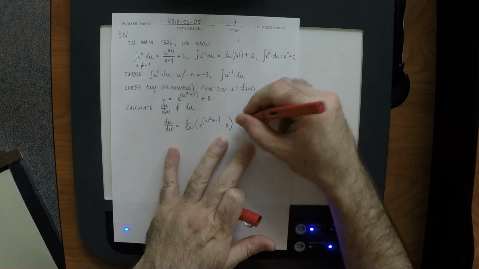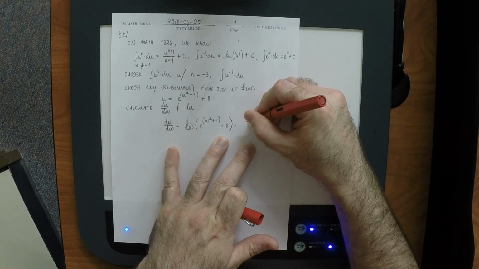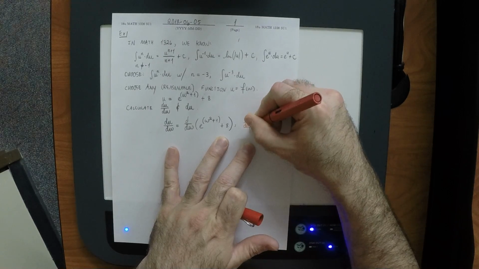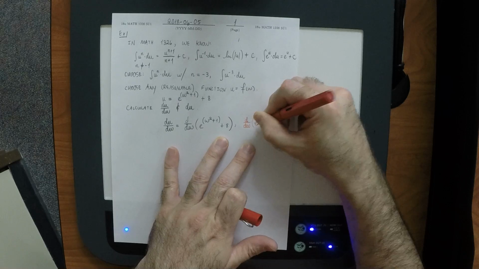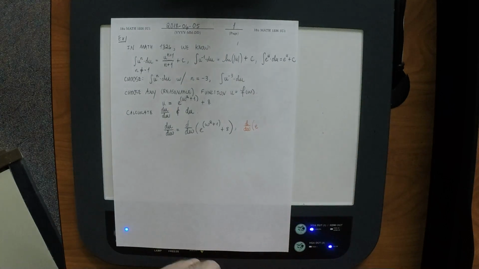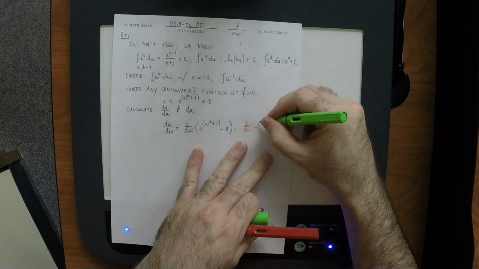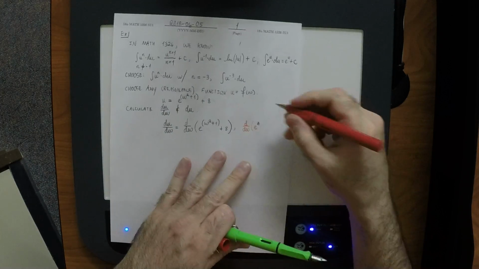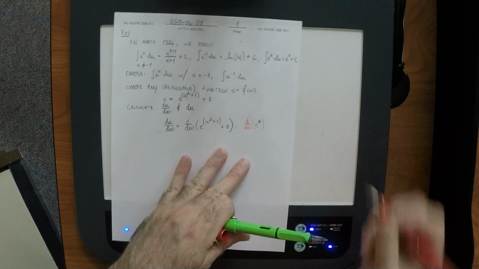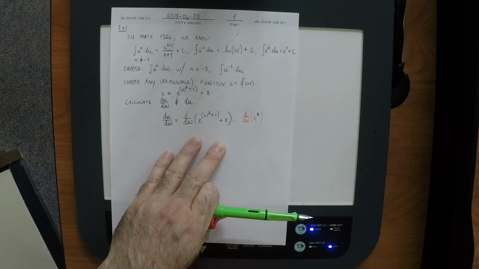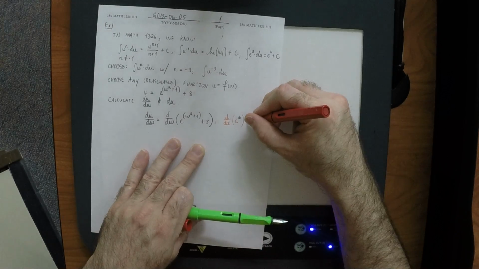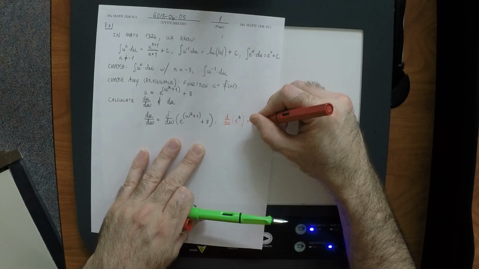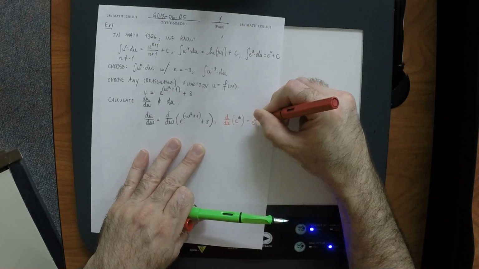So just to remind us, we're doing something that's going to look like d/dw of exponential of, say, z. And here I'm just ignoring the plus 8. The derivative will be exponential of z.